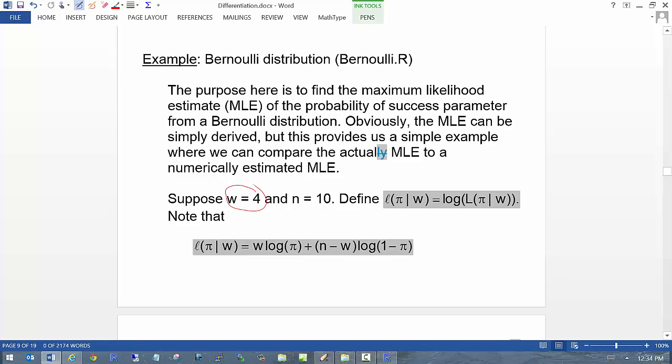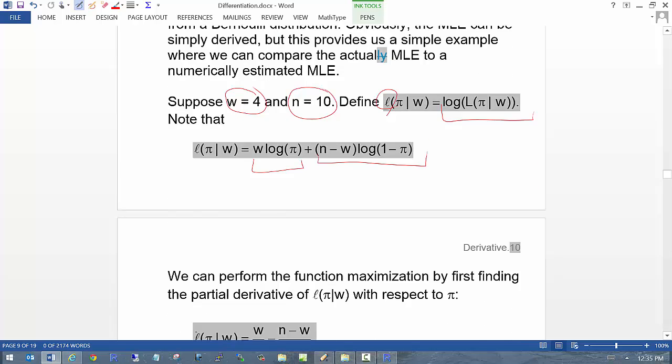We're going to call that W. And the number of trials is 10. We'll call that N. Then in a very general way, the log likelihood function, where pi is our probability of success parameter, we're going to denote by a script L. That's equal to w times the log of pi plus n minus w times the log of 1 minus pi.